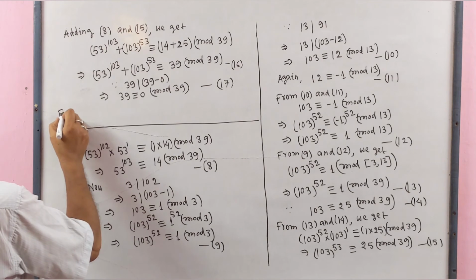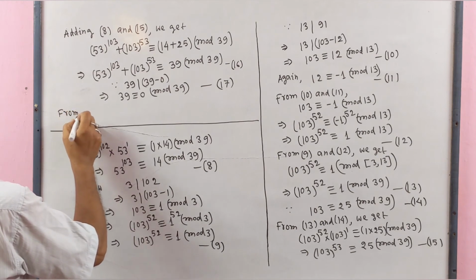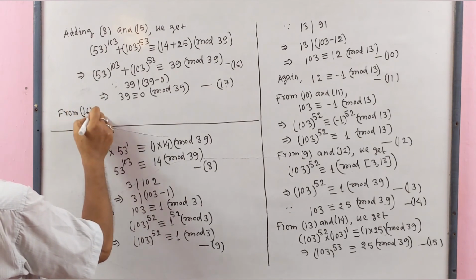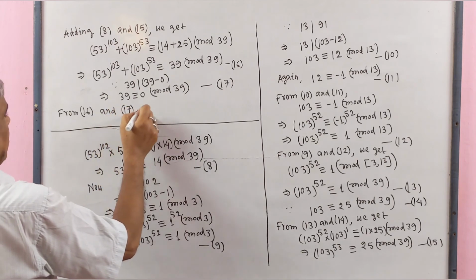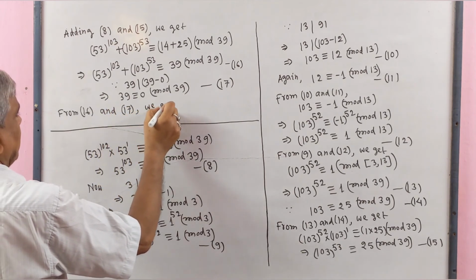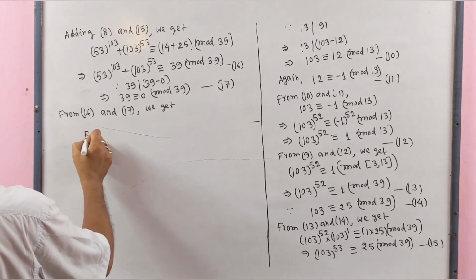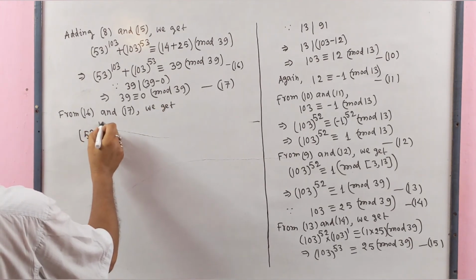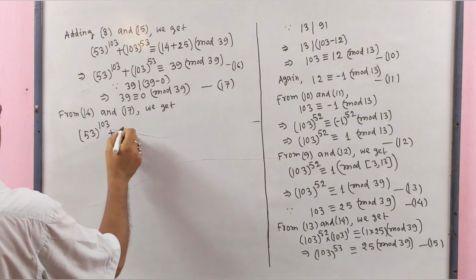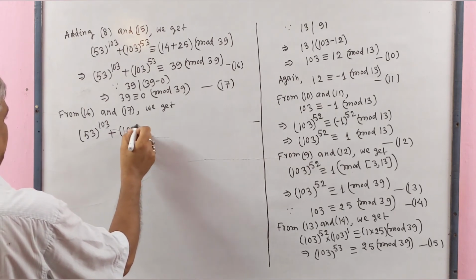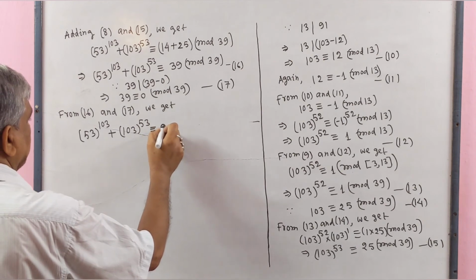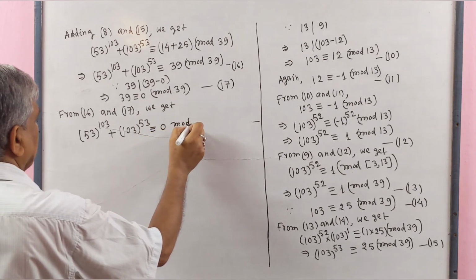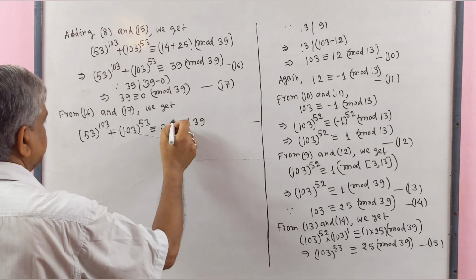From 16 and 17, we get 53 to the power 103 plus 103 to the power 53 is congruent to 0 modulo 39.